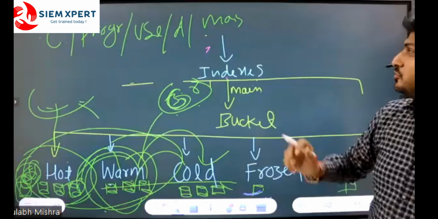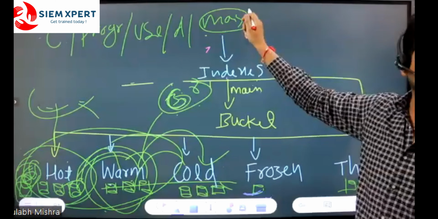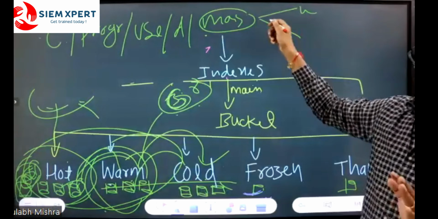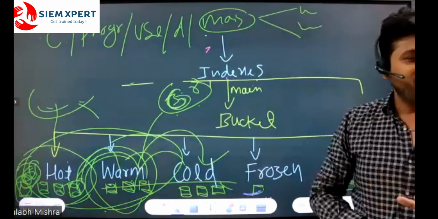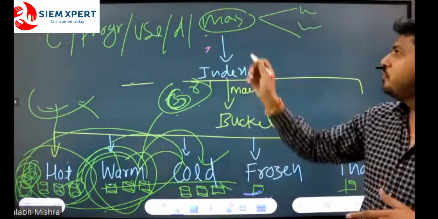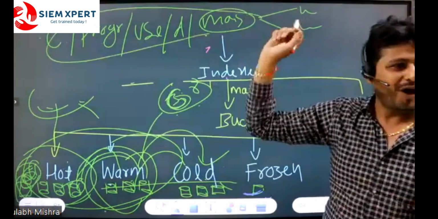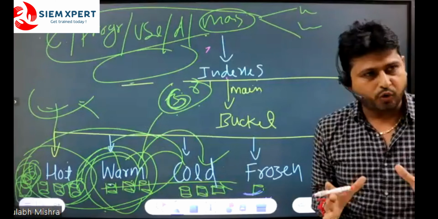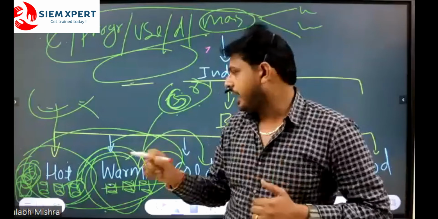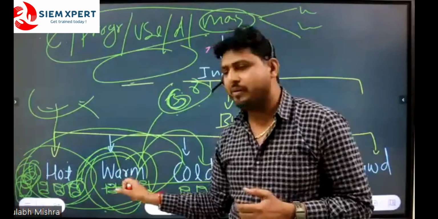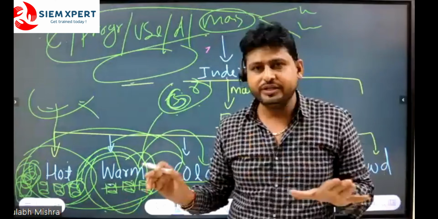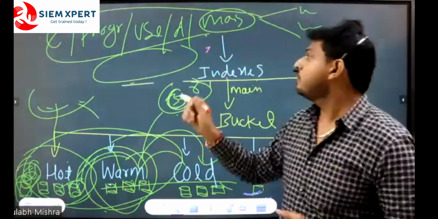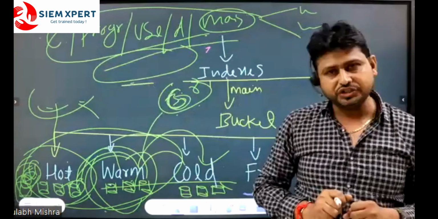In my data, in this default path, you have hot and you have warm also. Warm and hot will be on the same path, while cold will be on a different path. That means there is no option to define a different path for hot and warm. Hot and warm will be on the same path, while cold will have a separate path, separate storage.